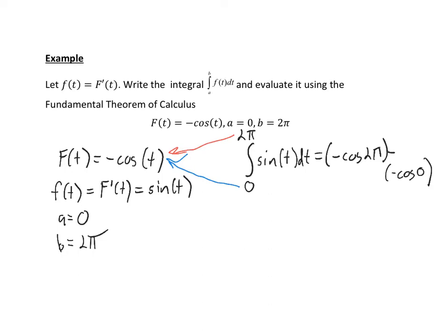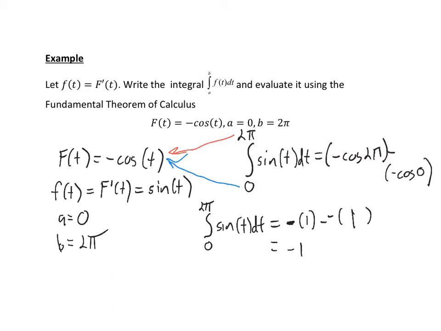So continuing on, from 0 to 2 pi of sine of t dt equals negative cosine of 2 pi, and the x value at 2 pi is 1, so negative 1, minus negative cosine of 0, which is also 1.